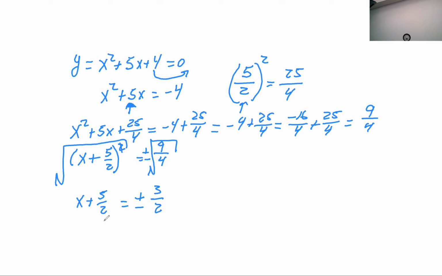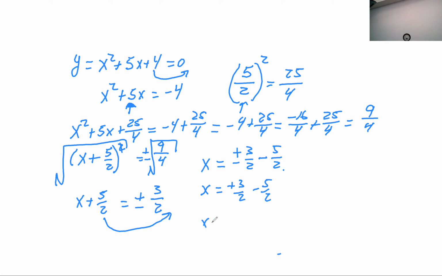The first, what we do is we'll bring the 5 halves to the other side of the equal sign, and you will see x equals plus or minus 3 halves minus 5 halves. And then basically what we do in this scenario is you just do the two solutions. So you have x equals plus 3 halves minus 5 halves, and that's the plus one.